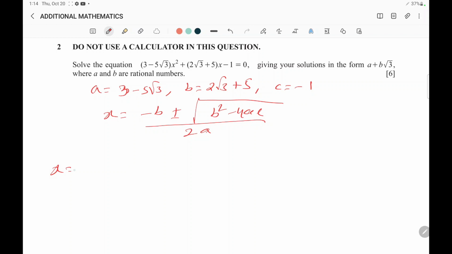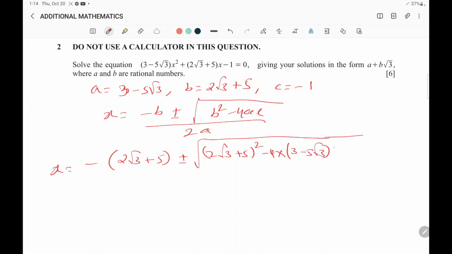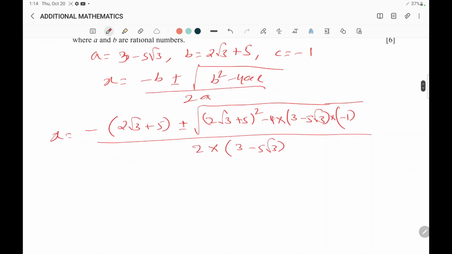Now x equals minus b, which is 2 root 3 plus 5, plus minus root of b square, which is 2 root 3 plus 5 whole square, minus 4 times a, 3 minus 5 root 3, and c is minus 1, right? Over 2 times 3 minus 5 root 3.